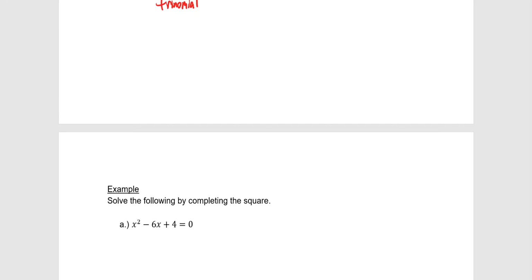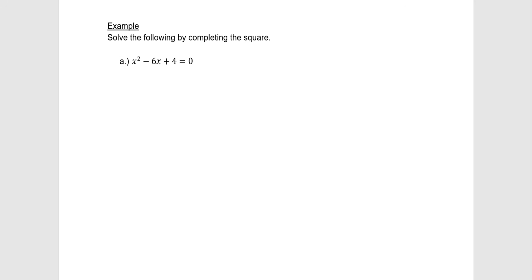Okay, so let's do a couple examples here. The first one, we have x squared minus 6x plus 4 equals 0. Solving this by completing the square, what we have to do is first subtract 4 on both sides to get the constant on the right-hand side. So it's going to be x squared minus 6x equals negative 4.